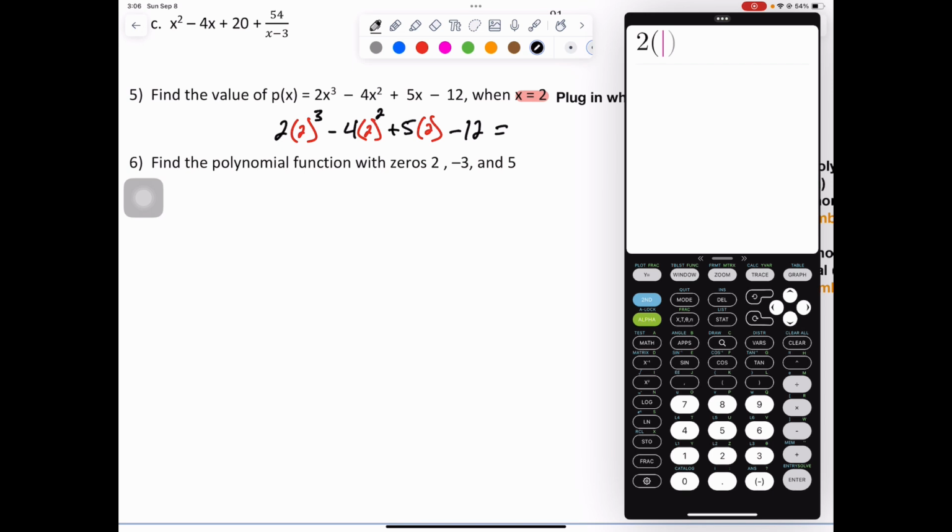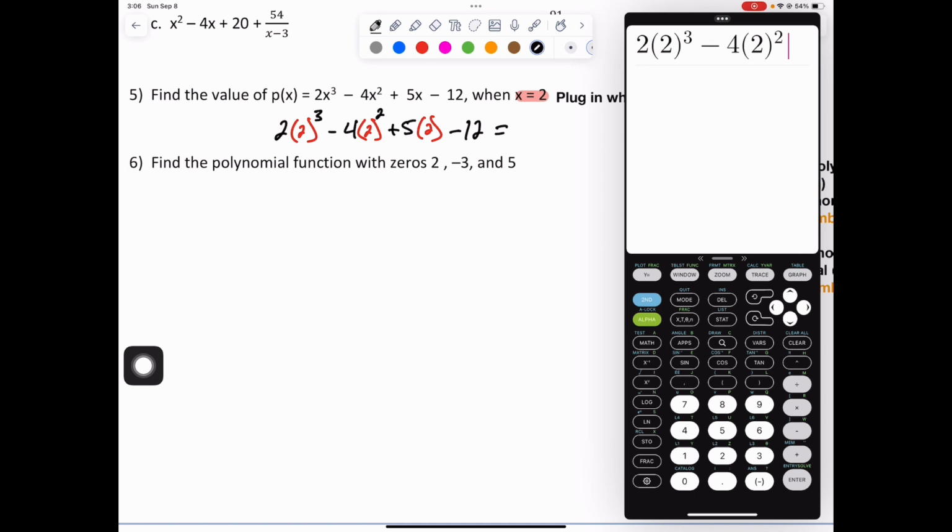2, open a parenthesis, 2, close parenthesis. I need you to up key arrow right above division. Type in the 3. But we need to hit the right key arrow to get us back to ground level. Now do your minus 4, open a parenthesis, 2, close parenthesis. You can either hit x squared or you can do the up key arrow 2 again.